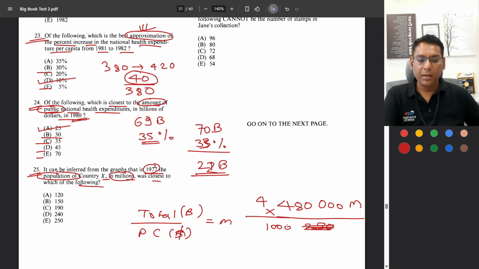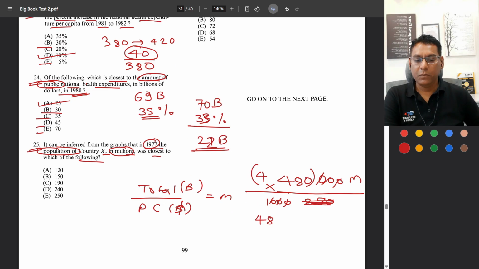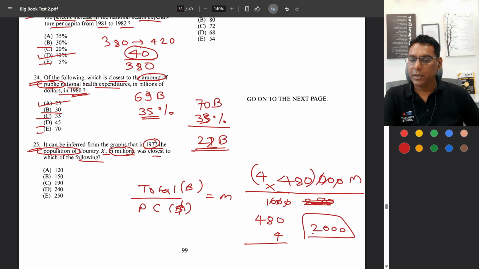Why? Because then I can just do this calculation. So essentially the answer comes out to be 480 into 4. Let's say 500 into 4, something like 2000, less than that. Is it 480?